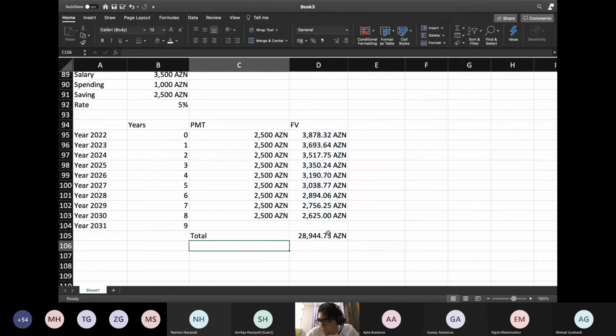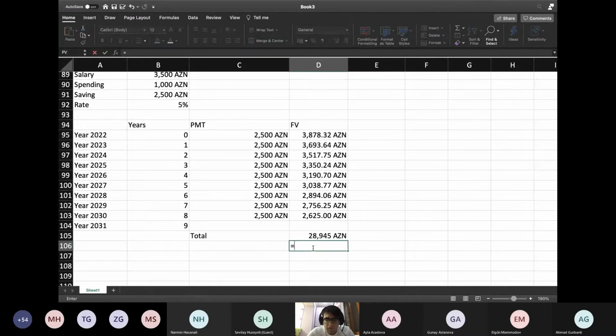Summation is this amount of money we found by calculating each by each and taking the sum. But we can also calculate with other methods. For example, this is NUTD, right? What is the NUTD formula?